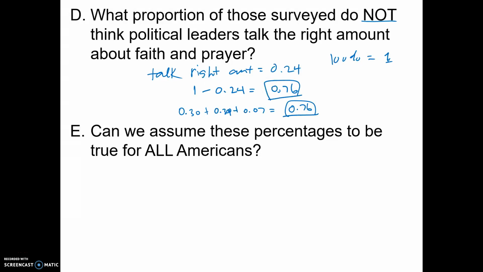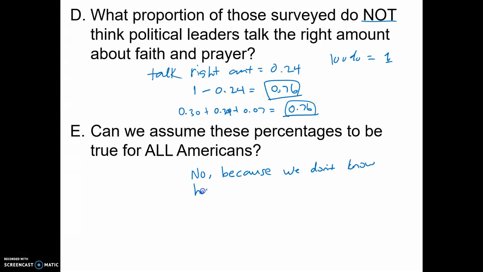Can we assume these percentages to be true for all Americans? Definitely not, because we don't know how the study was designed. If the study was designed incorrectly, let's say using voluntary response or convenience sampling, remember those are two types of sampling that do not give accurate results.